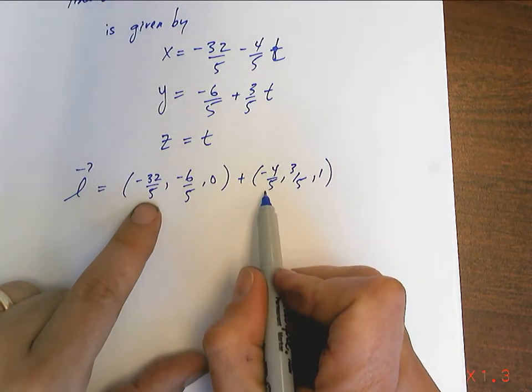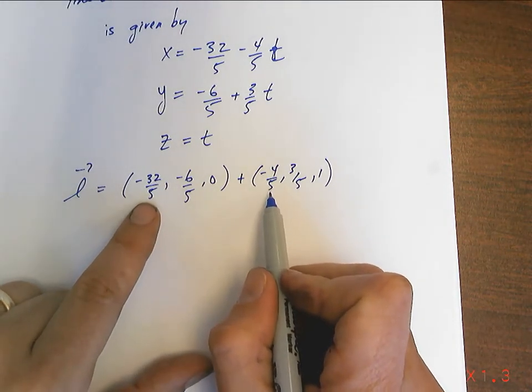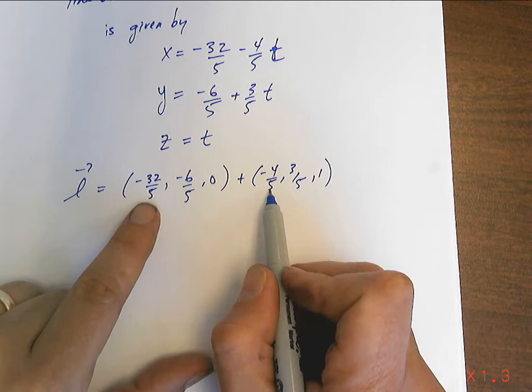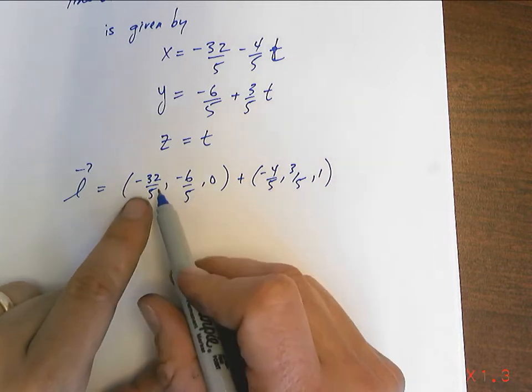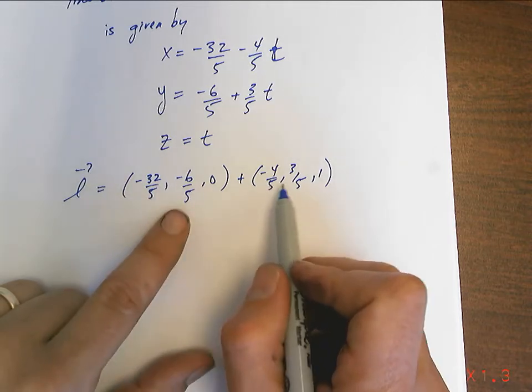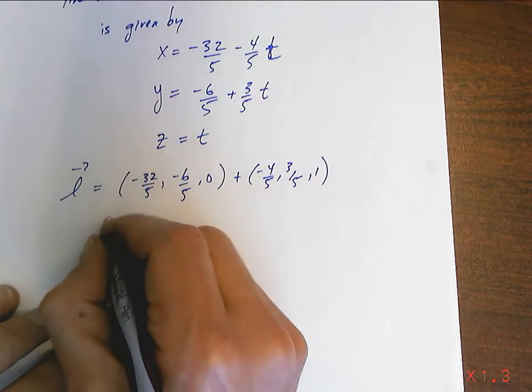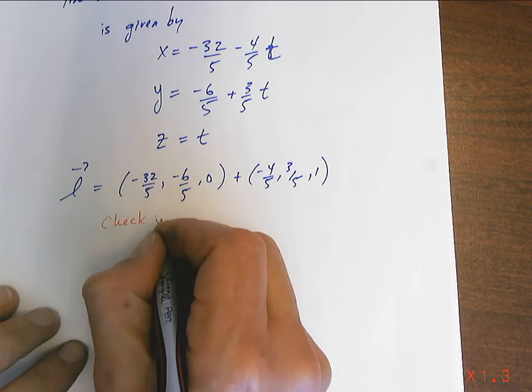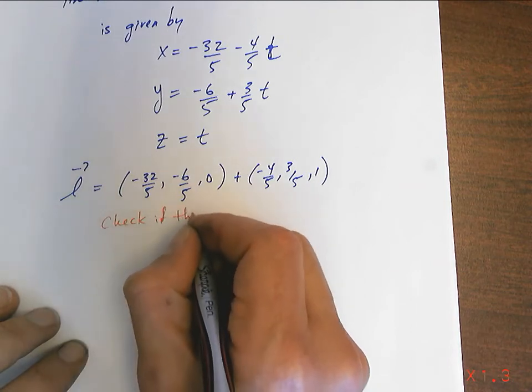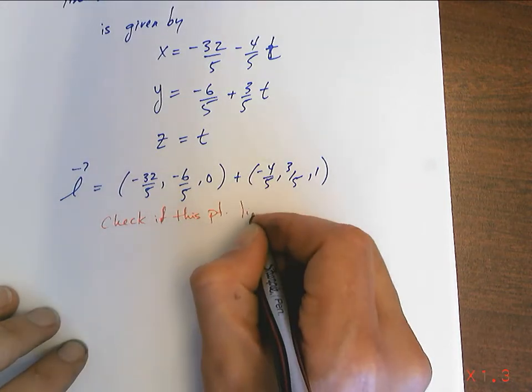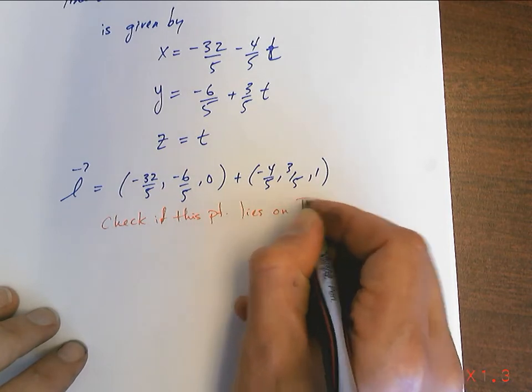Notice that these are the same values, so if I was able to take away or add enough to get it over 5, that would be good enough. But to be honest with you, all I need to do is check if this point lies on plane 2.